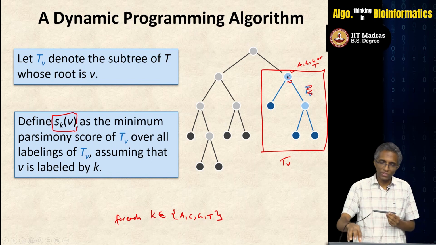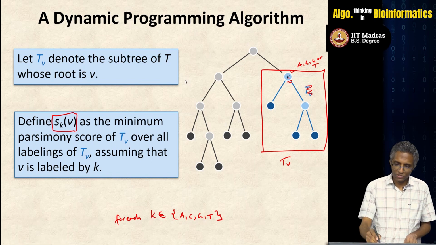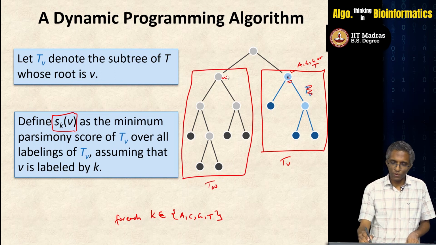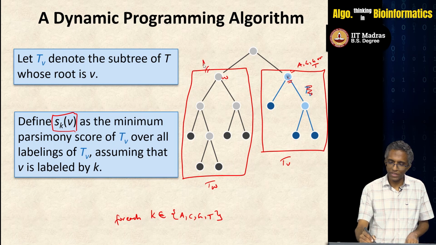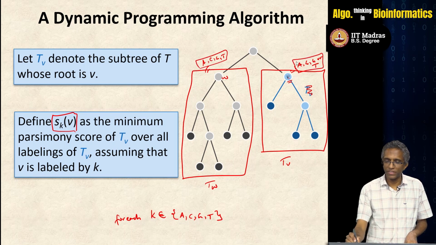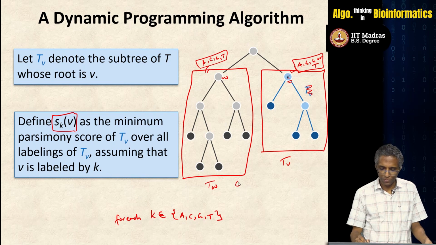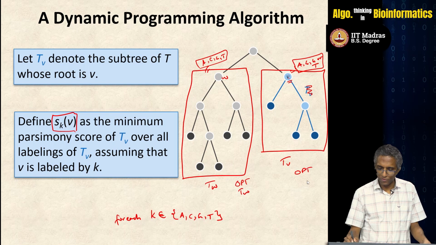Okay. Once you have this, and once you also have, let us say this is W, then this will be T w. You will also have calculated it by having this as A, C, G or T. Then you have only 4 cross 4, 16 possibilities, right. So, you have broken down the overall problem into the optimal subproblem for T w and the optimal subproblem for T v.